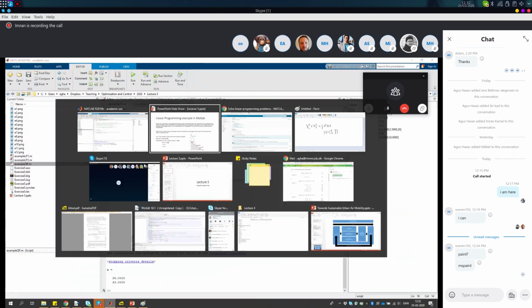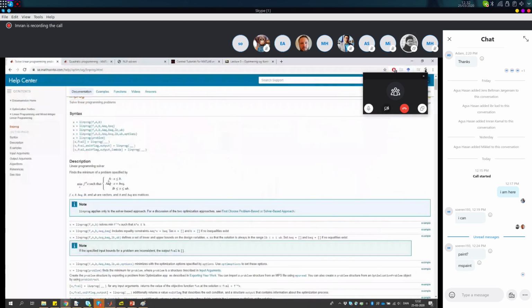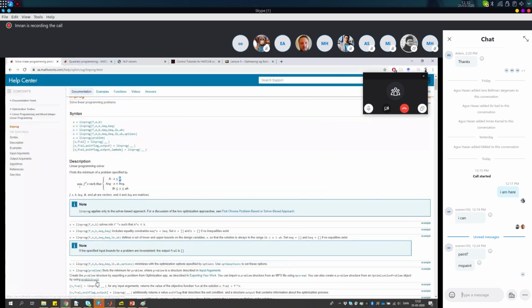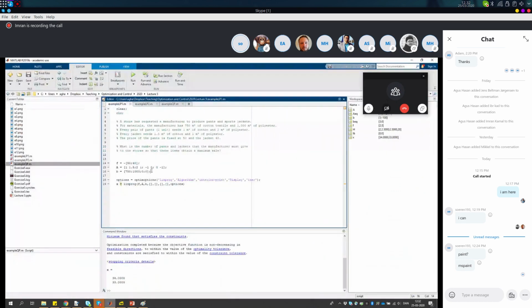And then b is actually this. So b, the right hand side of the constraint, is in this case 750, 1000, 0, and 0. So you get these numbers. And then basically you can just write x equal to linprog. Here you can choose your algorithm.